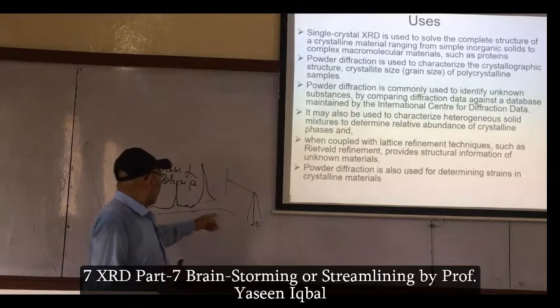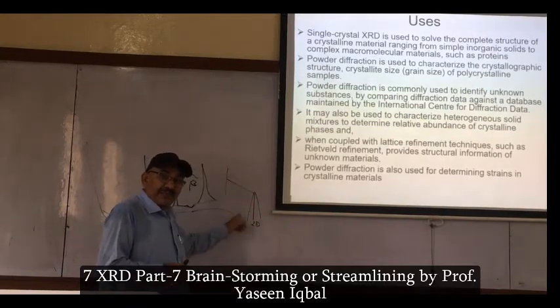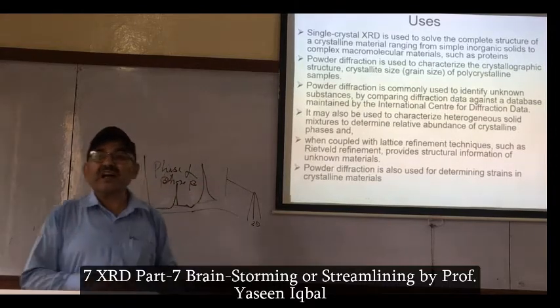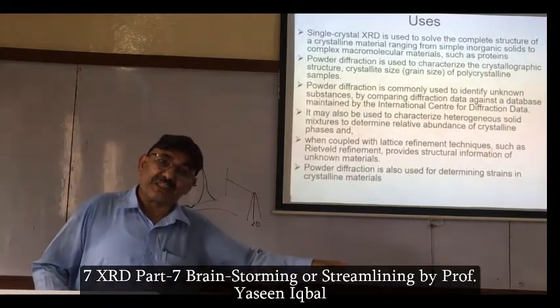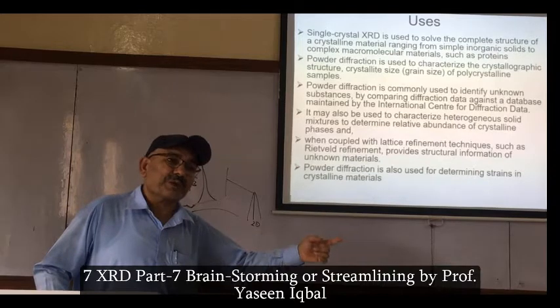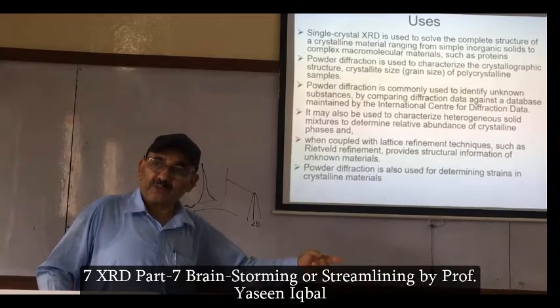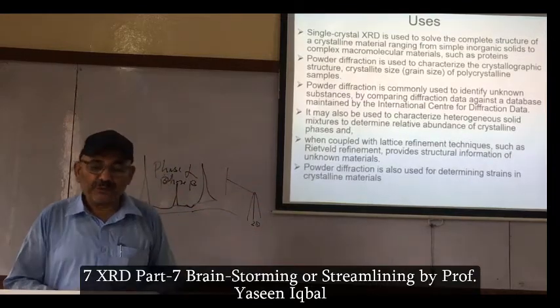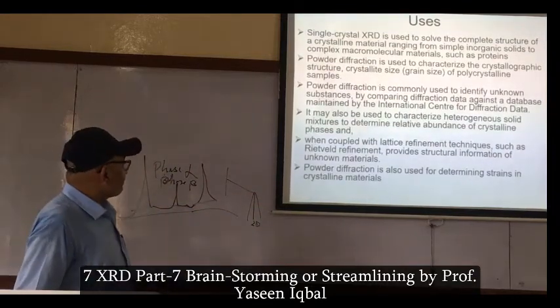So the angle is this, but the peak is coming like this. This spreading is not a characteristic of the sample, but of your instrumentation, what sort of instruments you are using, and they are spreading the beam when it comes back.